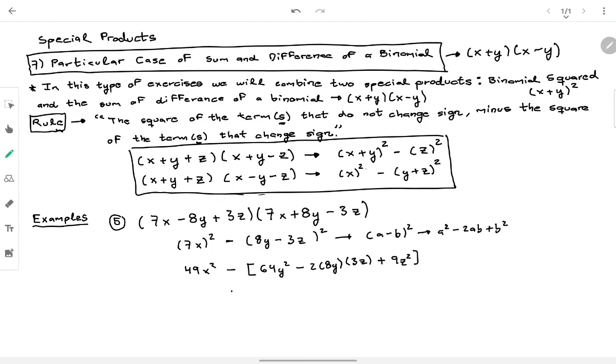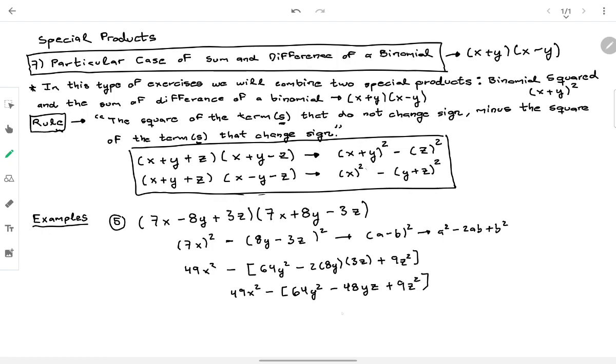So it's going to be 49x squared minus bracket 64y squared. Then it's going to be minus 48yc plus 9c squared.